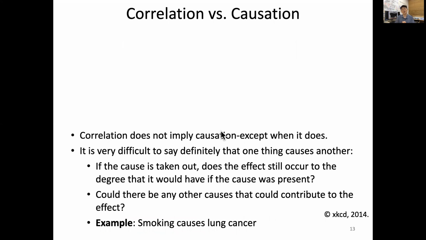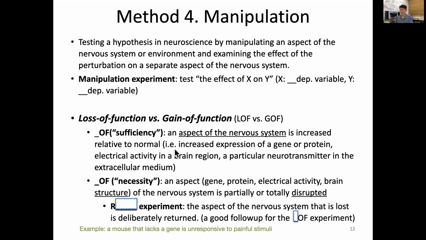So now I want to discuss correlation and causation. When we're doing science, we have to be very careful about our statements on correlation and causation. Oh, okay, I missed this one, an example. A mouse that lacks a gene is unresponsive to painful stimuli.